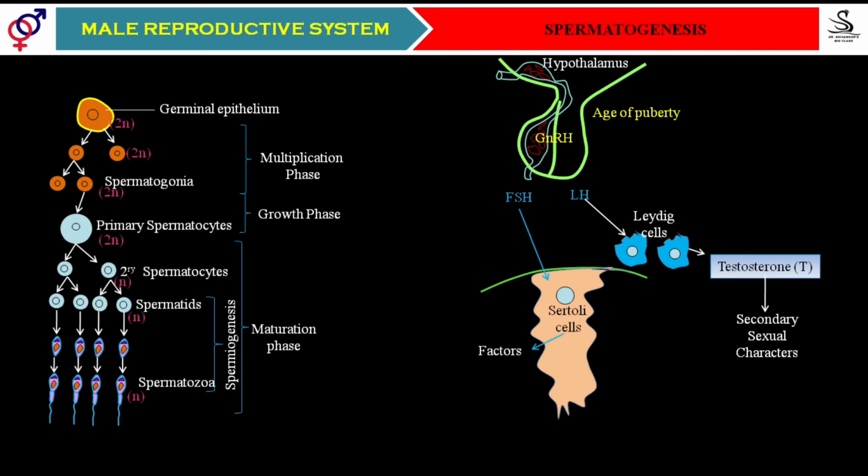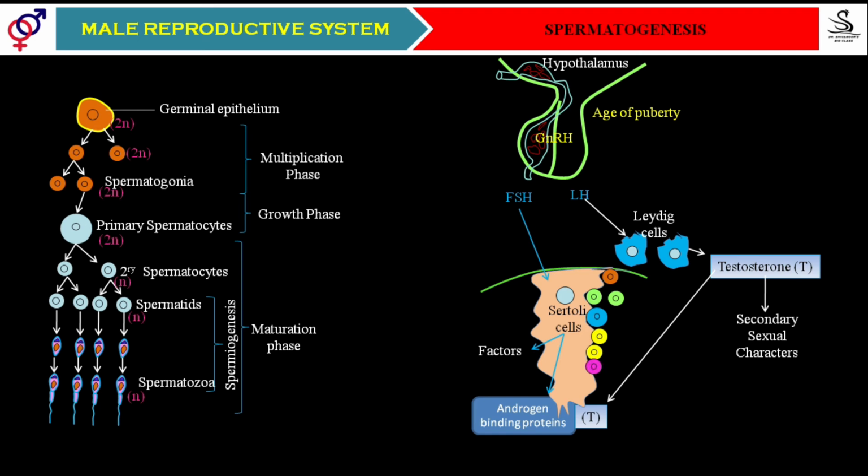And the Sertoli cells secrete many other factors. Even the Sertoli cell is secreting androgen binding protein. And this androgen binding protein will help in making the concentration of testosterone high inside the seminiferous tubules. And once the testosterone gets into the seminiferous tubule, it will activate the process of spermatogenesis. This germinal epithelial cell will keep on dividing, and finally it will lead to the formation of spermatozoa.